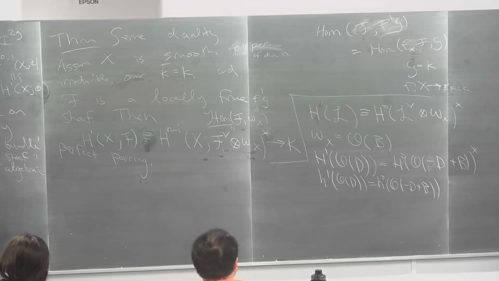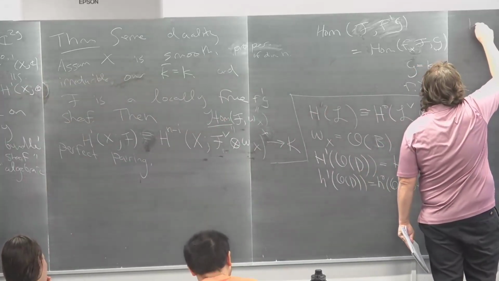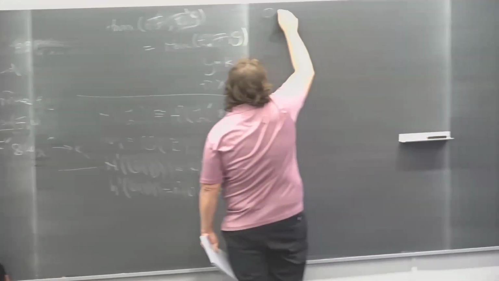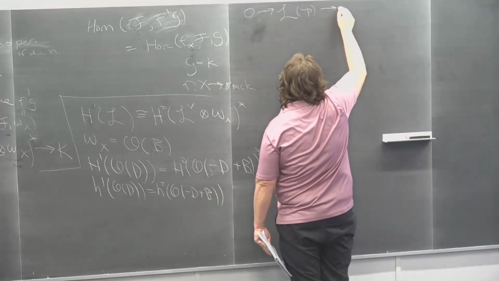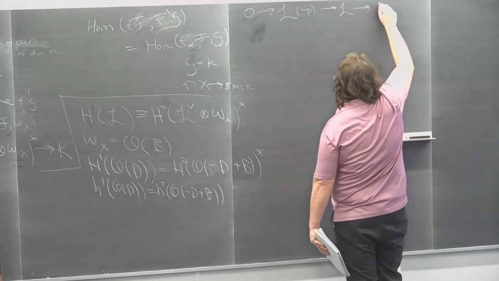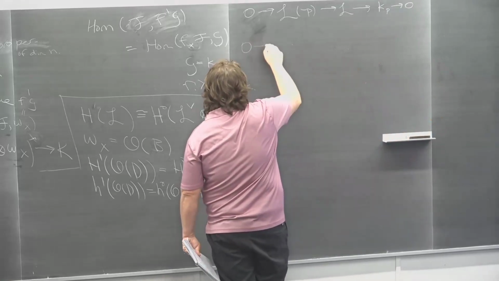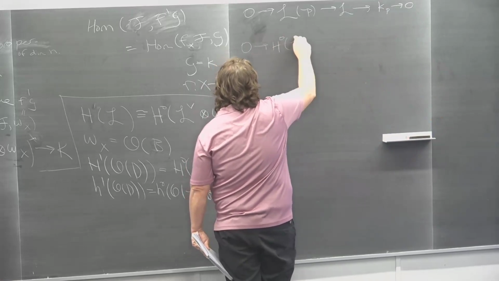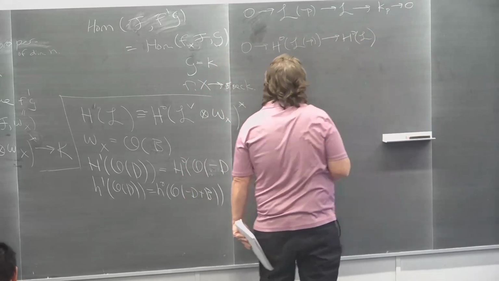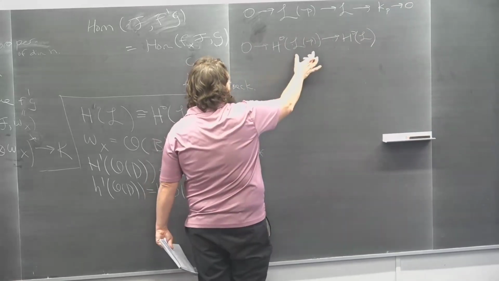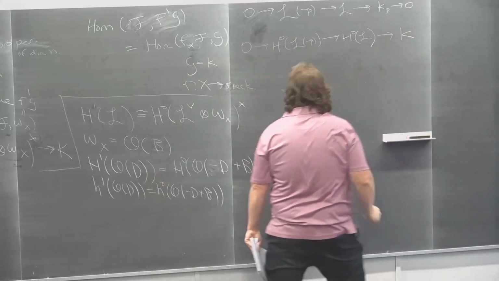So in particular, when we had this short exact sequence where I look at O of minus P, L, skyscraper sheaf at P, I take the long exact sequence and I get H0 of L of minus P goes to H0 of L. So this just means I take a section of L that's required to vanish at P, and then I say it didn't have to vanish at P. I have a copy of K here.